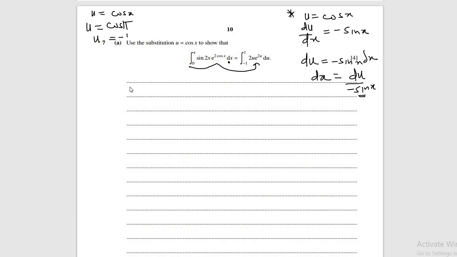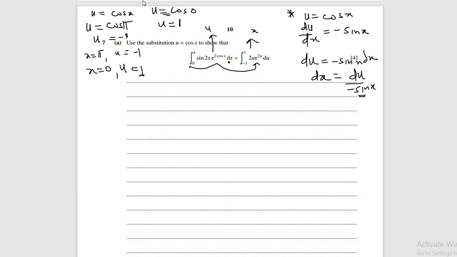So when x is pi, u is minus 1. This side is about u, this side is about x. Now when x is 0, what is u? That will be u equal to cos 0. What's cos 0? I think cos 0 is 1. When x is 0, u is 1.